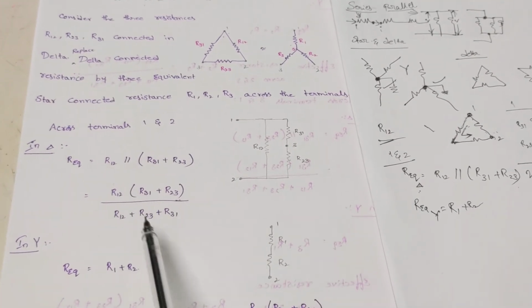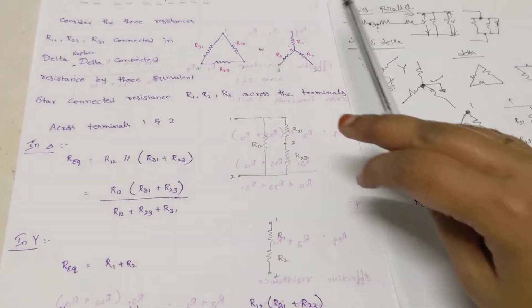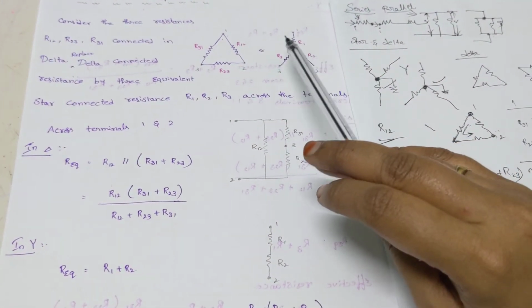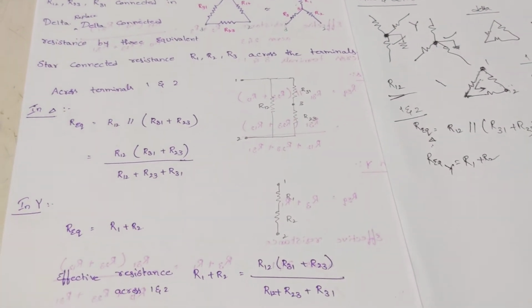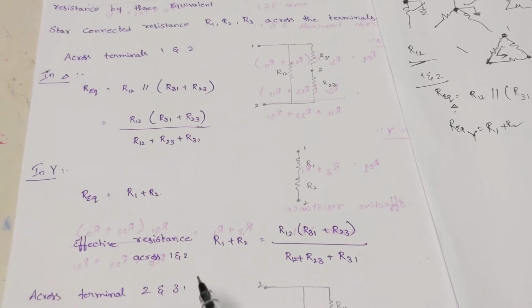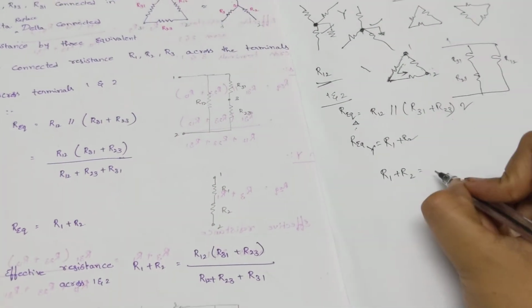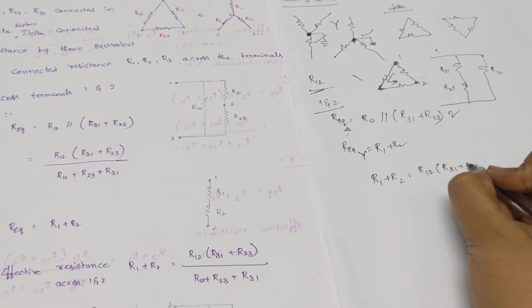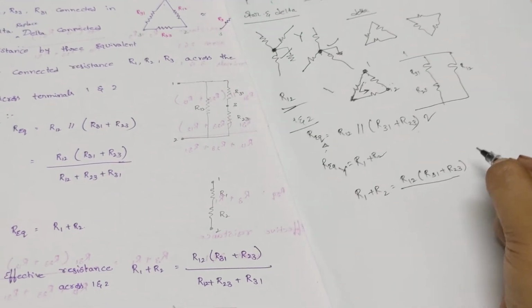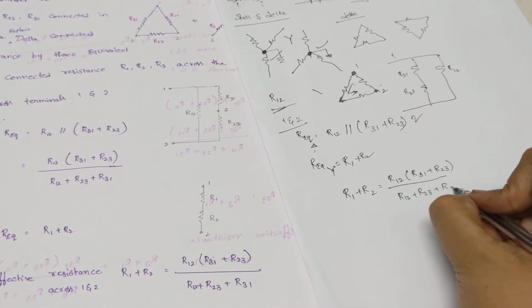For the star, only these two elements are considered; this is the redundant element. So the effective resistance across terminals 1 and 2 is R1 plus R2, which equals R12 in parallel with R31 plus R23, divided by the total summation R12 plus R23 plus R31.